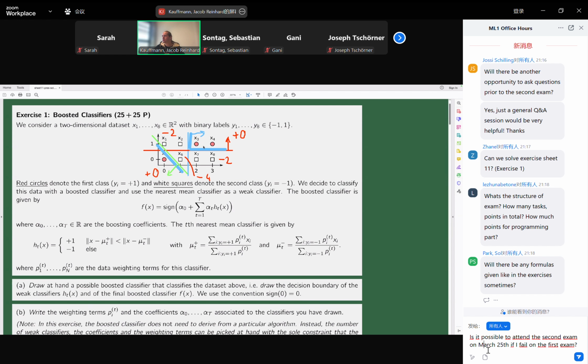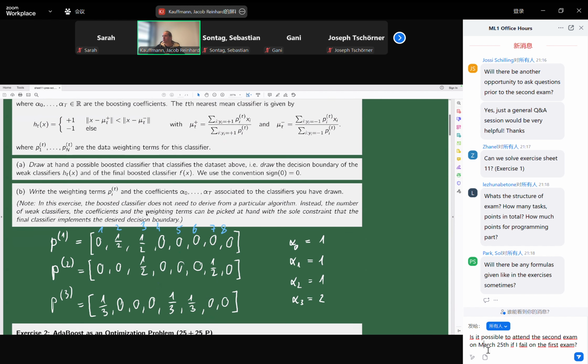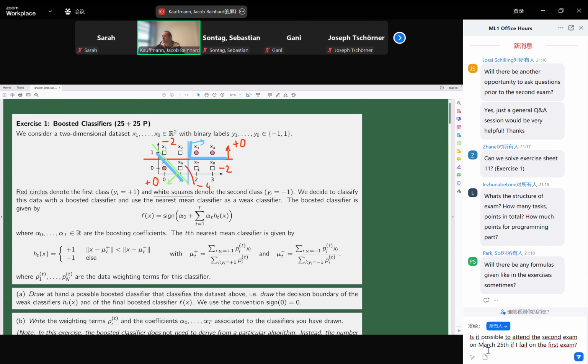So for example, this segment that separates x2 and x3 can basically give one half weight to the data point x2, one half to the data point x3, and then you get this classifier. So yeah, I wouldn't go too much into detail because the focus of this exercise session is on other topics.